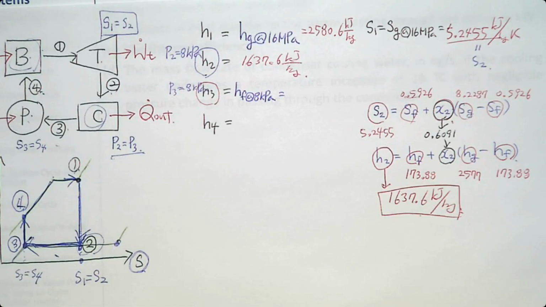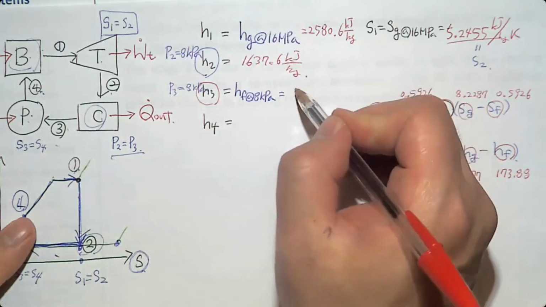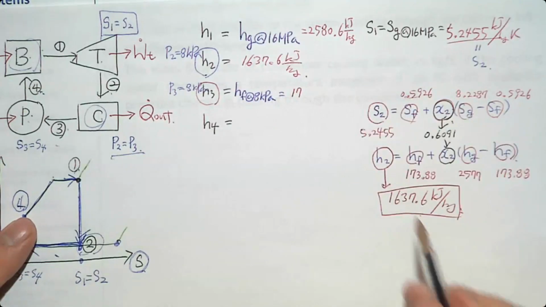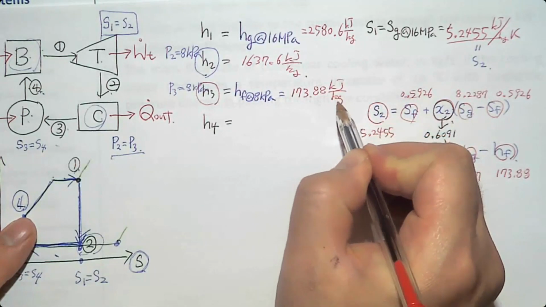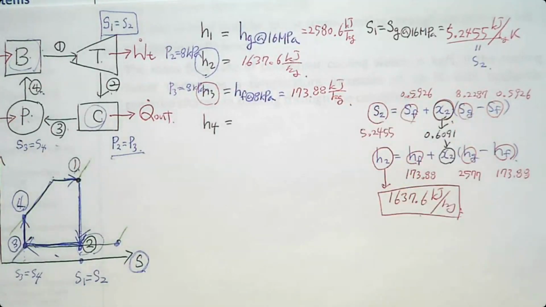Hf at 8 kilopascal, we have here 173.88 kilojoule per kilogram. Now the last one, H4 of compressed liquid.